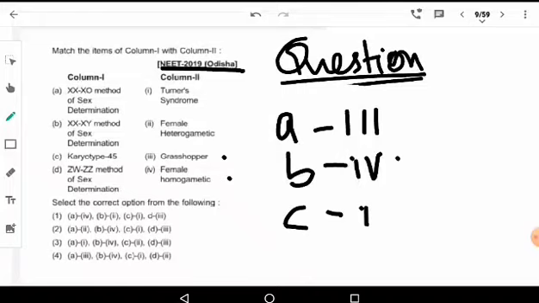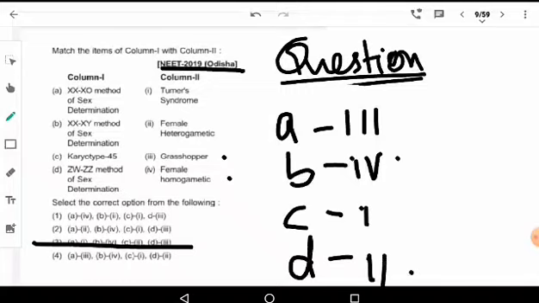So we can eliminate option number 3, because that is saying C is 2. Now let us look at D now. D is ZW-ZZ, that is female heterogametic. So we can say that D is 2. And D is 2 coming only in one answer. So option number 4 is going to be the answer.